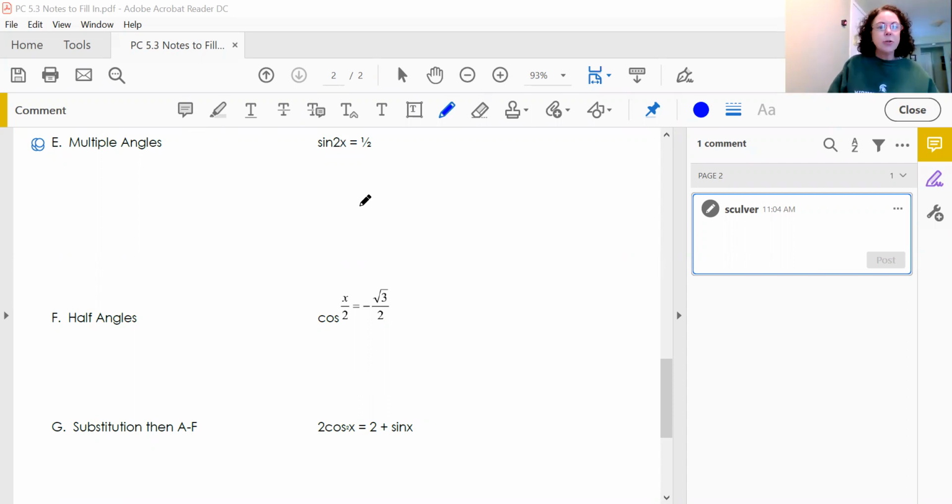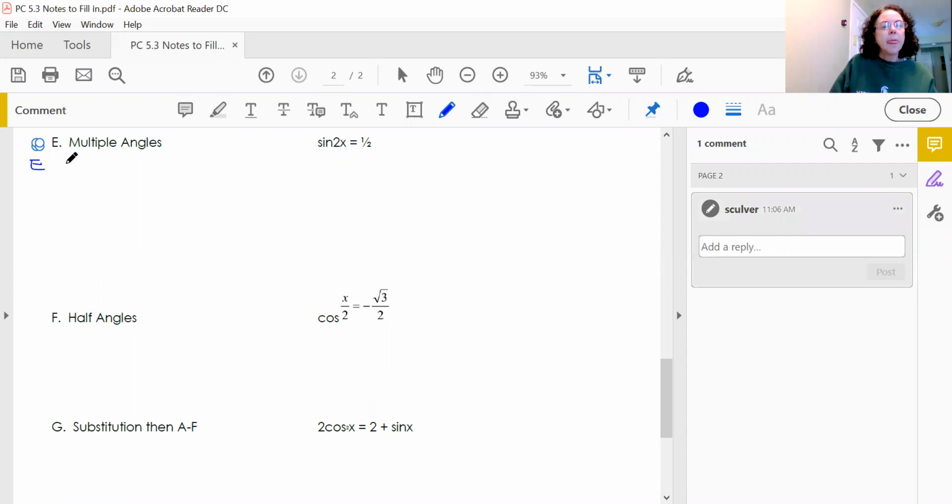The way I do this is I first take care of the trig function. By that I mean on E and F, I first substitute the angle for theta. I solve the equation.